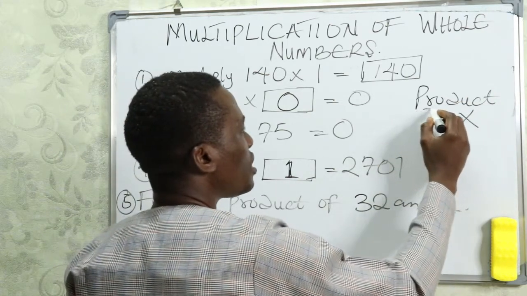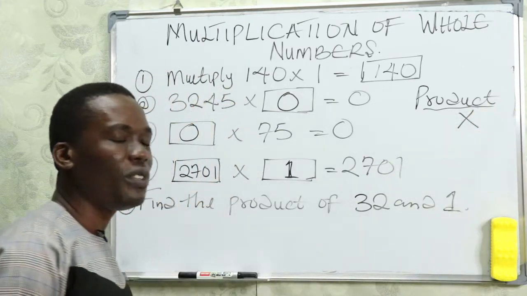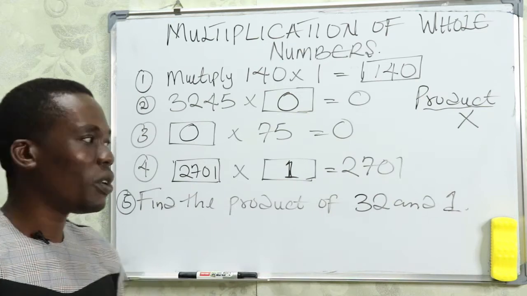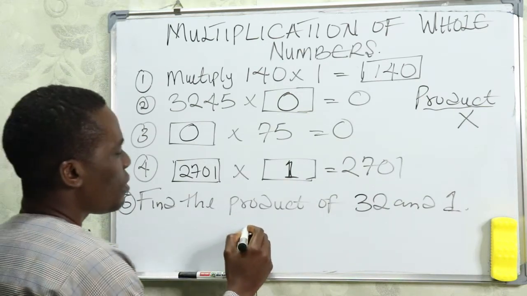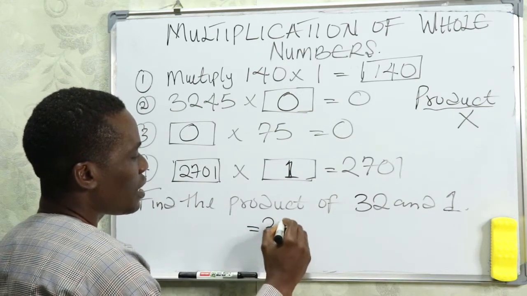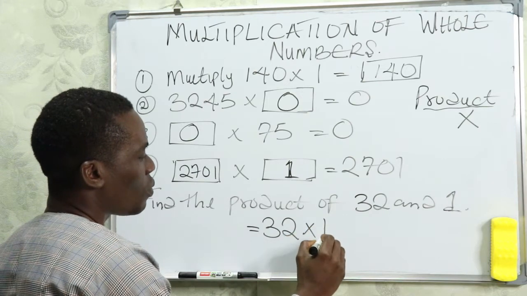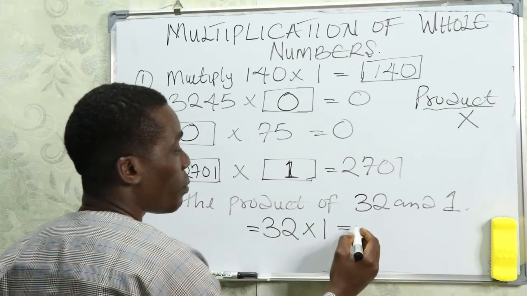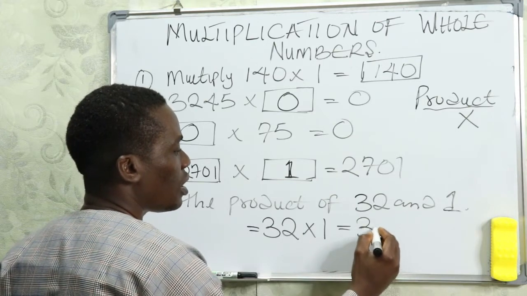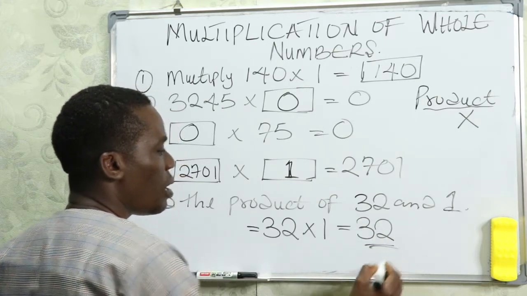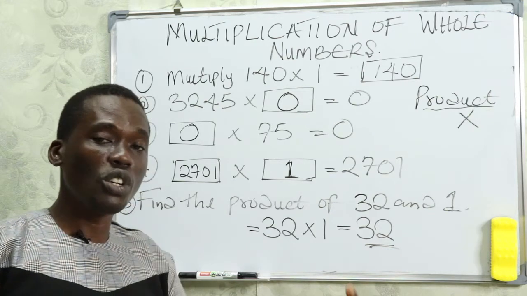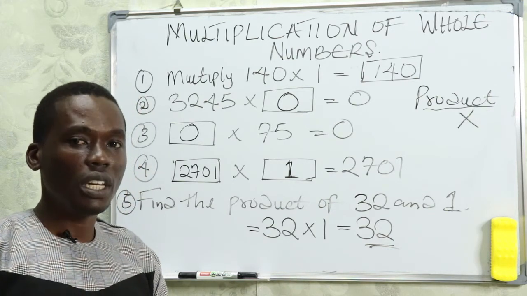So anywhere you see find the product of this and this, you should know that they are talking about multiplication. So you should multiply 32 times 1. Remember property 2. It will give you 32.